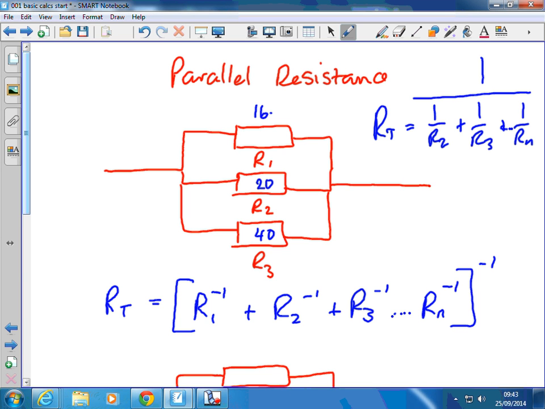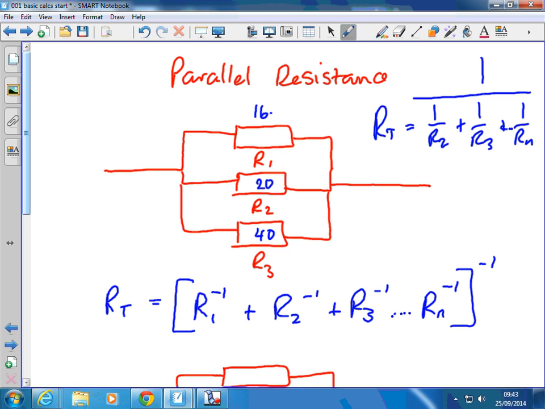That there is exactly the same as that, because to the power minus 1 means the reciprocal of. Okay? And the way I tend to do that with my calculator is I put 16 to the minus 1 plus 20 to the minus 1 plus 40 to the minus 1, press the equal sign and get an answer, and then do the reciprocal on that answer afterwards. That's rather than mess around with brackets. That's just my method. Okay?